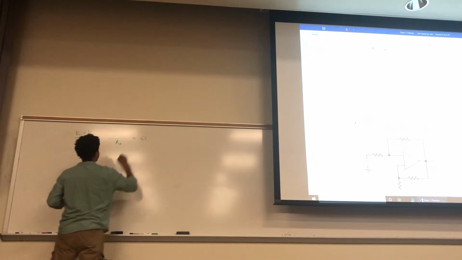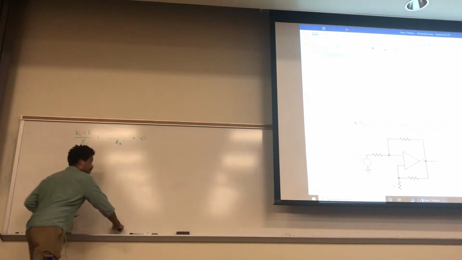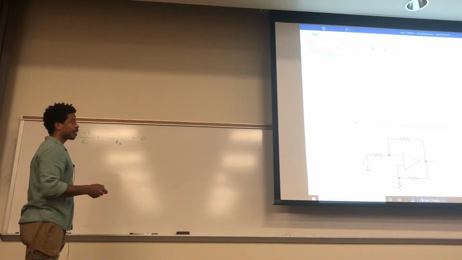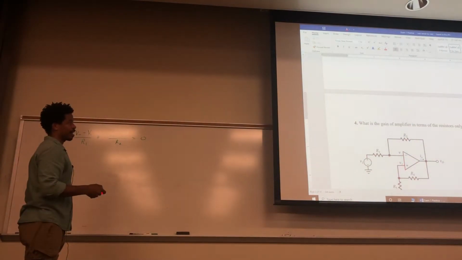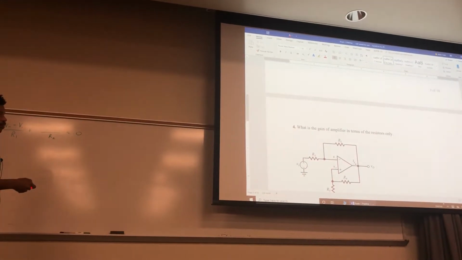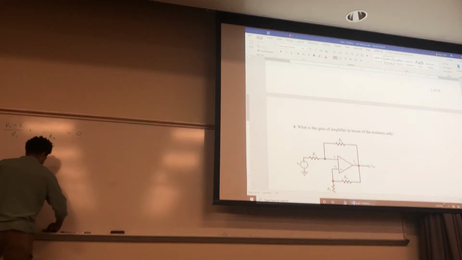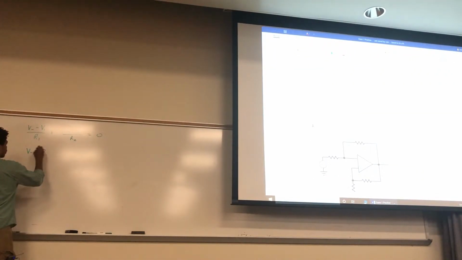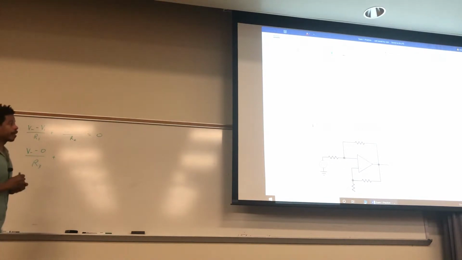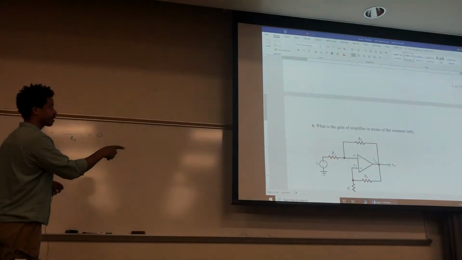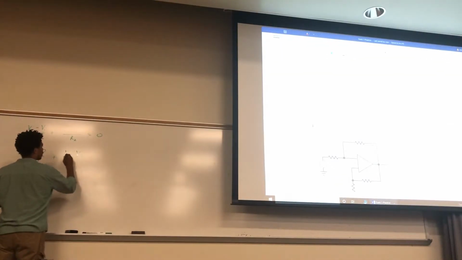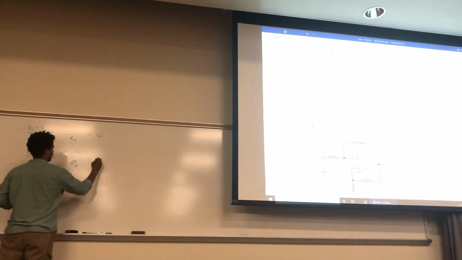That has to equal 0. The one down here, same thing. Now, this is really V plus, but it's ideal, so we'll just call it V minus. I mean, we don't want to introduce extra variables if you don't have to. So we'll say V minus 0 over R3, that's the one going to ground. And then it's V minus V out over R4. And that equals 0.